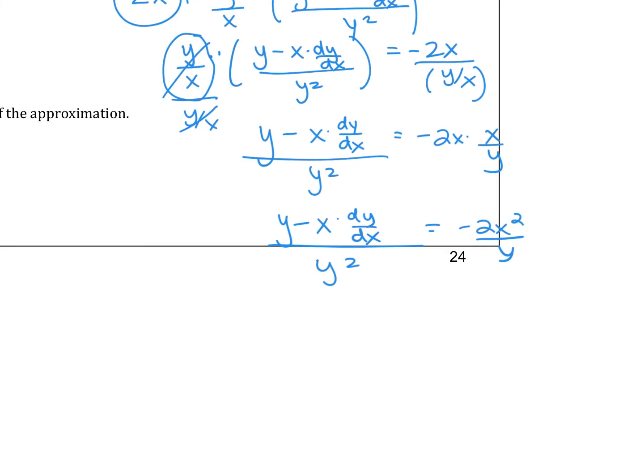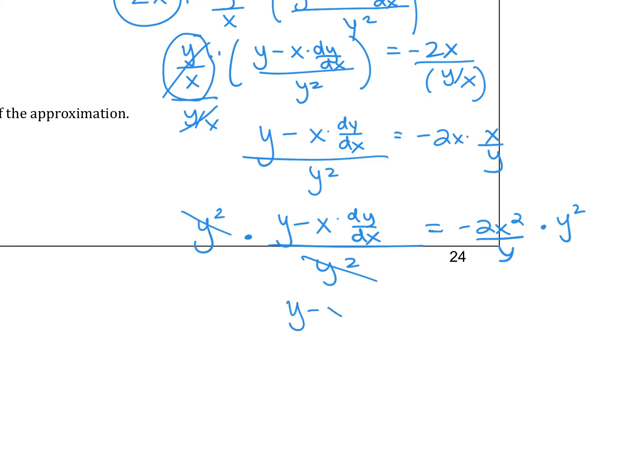Now here I have a proportion. I think we could probably cross multiply if we wanted to. We don't have to. You could cross multiply and say that the cross products, the diagonal products, are equal. I'm going to take the approach that I'm going to multiply both sides by y squared to get rid of the denominator on the left side.